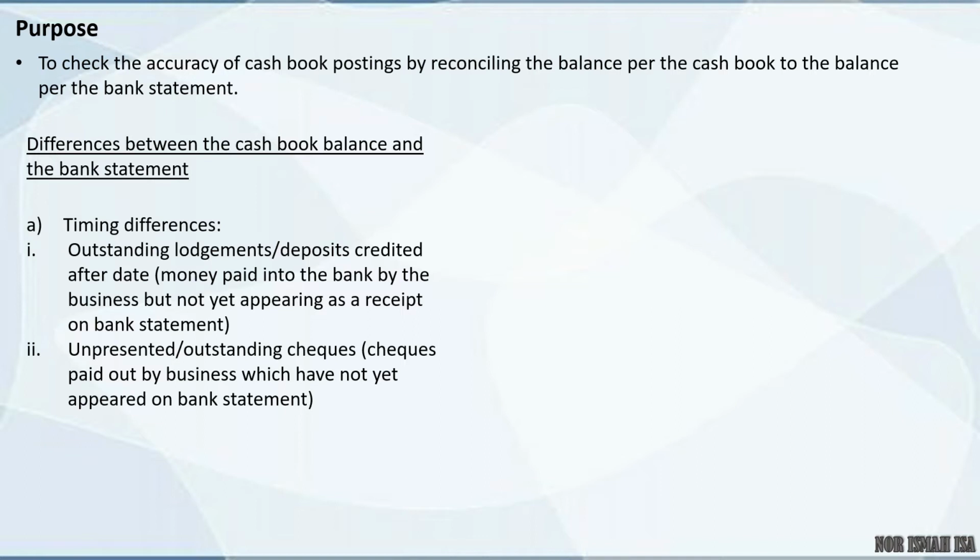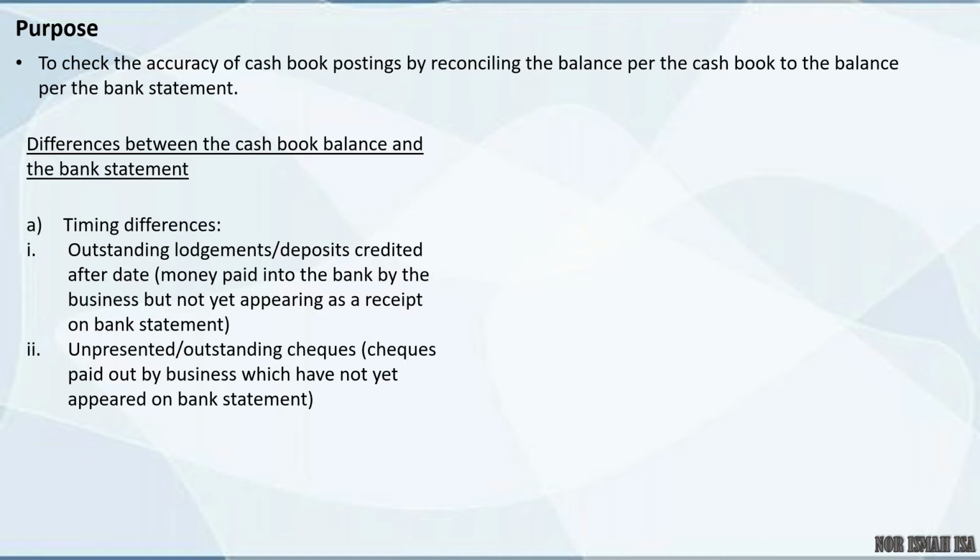This is similar to number one, just that this is a check paid. Number one is the check received, whereas number two is the check paid. This check has already been issued by the business, so the business has already recorded this payment.